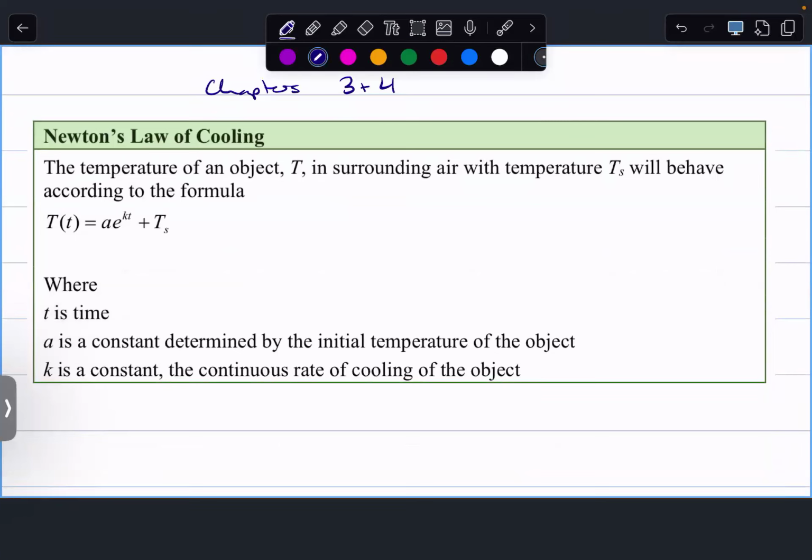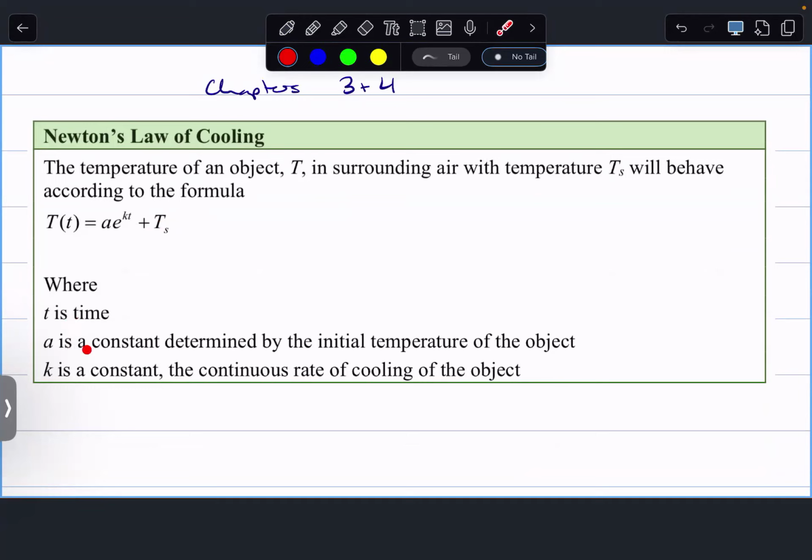So we were working with Newton's law of cooling, which is an exponential function, and it looks like this. So the temperature of an object T in surrounding temperature Ts is going to behave like this, where t is time, some unit of time.